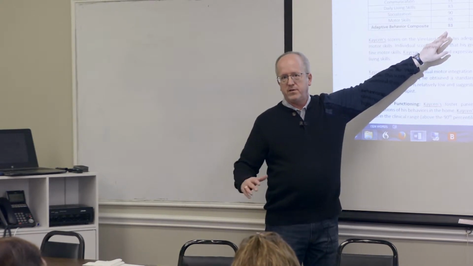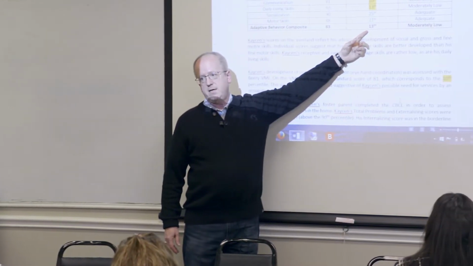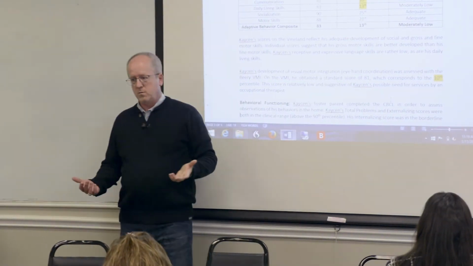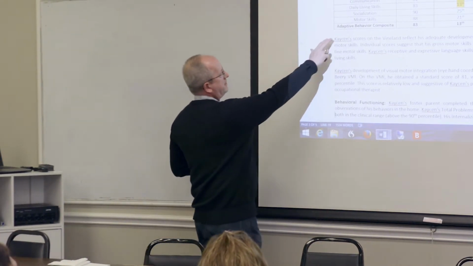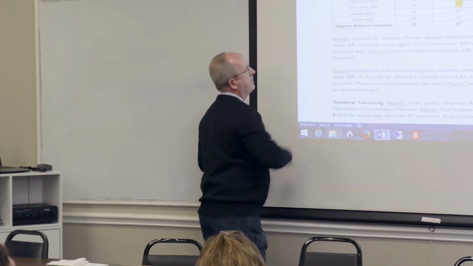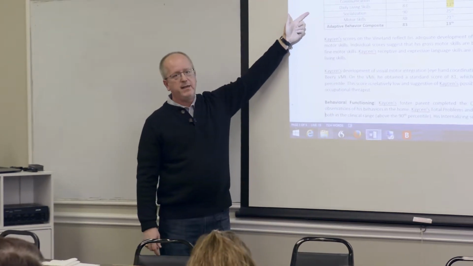So to give you some idea, if smack dab average is 100, this child's 83, which is at the 13th percentile for a child his age, which is low. This is a composite score of all of these, with communication and daily living at the 10th and the 13th.